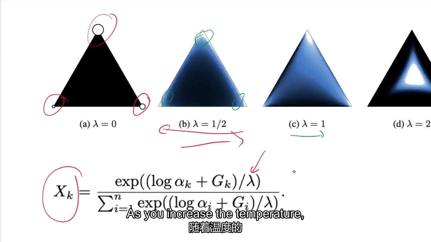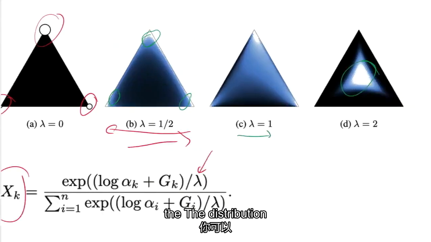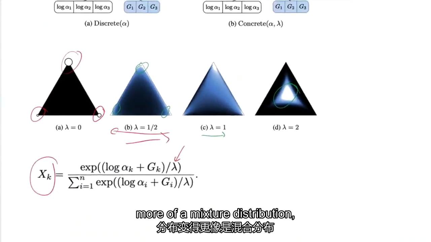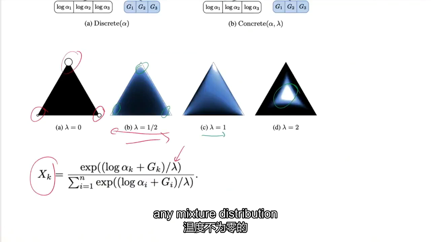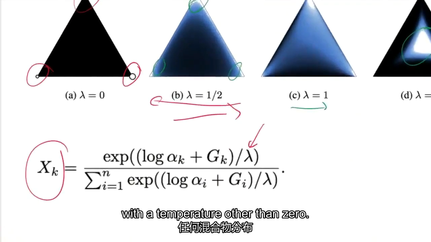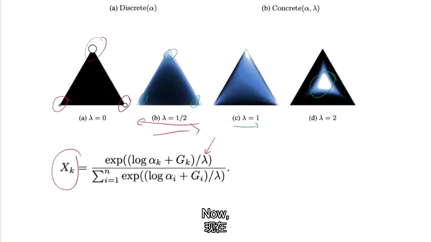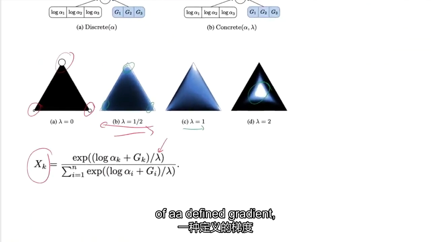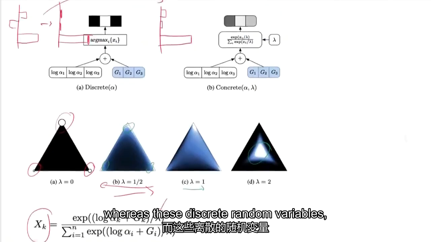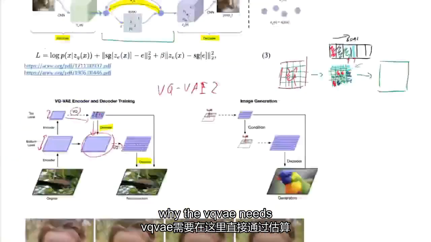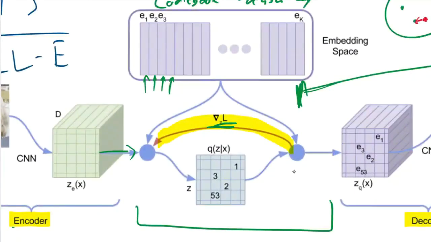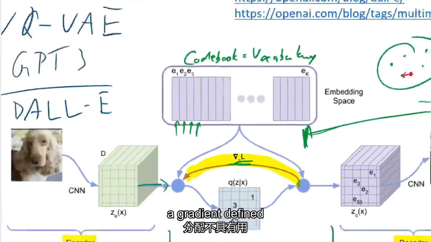As you increase the temperature, the distribution becomes more of a mixture distribution. And any mixture distribution with a temperature other than 0 all of a sudden has a defined gradient, whereas these discrete random variables do not have a gradient. And that's the reason why the VQVAE needs to do this straight-through estimator right here, because this hard assignment to the codebook does not have a gradient defined.